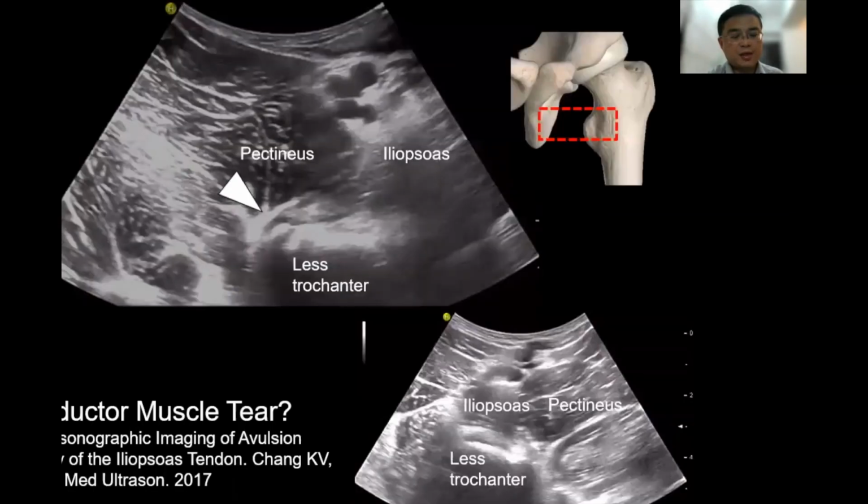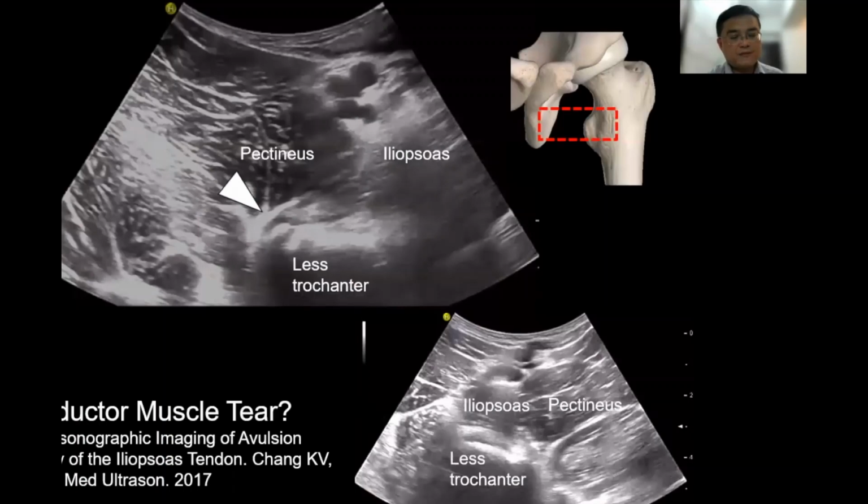And in patients with anterior hip joint pain, another possibility is the trauma of a muscle, for example, adductor muscle tear. But in patients who are very young, you have to consider the problem comes from apophysitis.